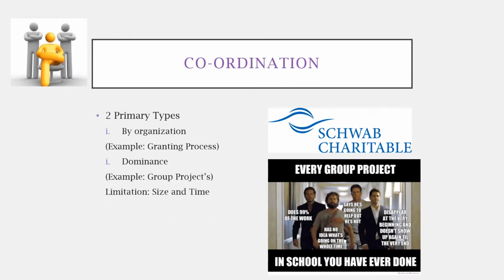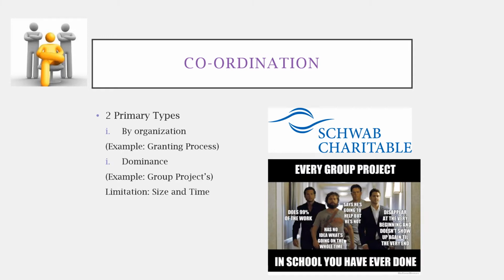And in regards to coordination, there's two primary types. One is by organization. So this is kind of just that work division that was being mentioned in the beginning on the last slide. An example I want to give is for my department.